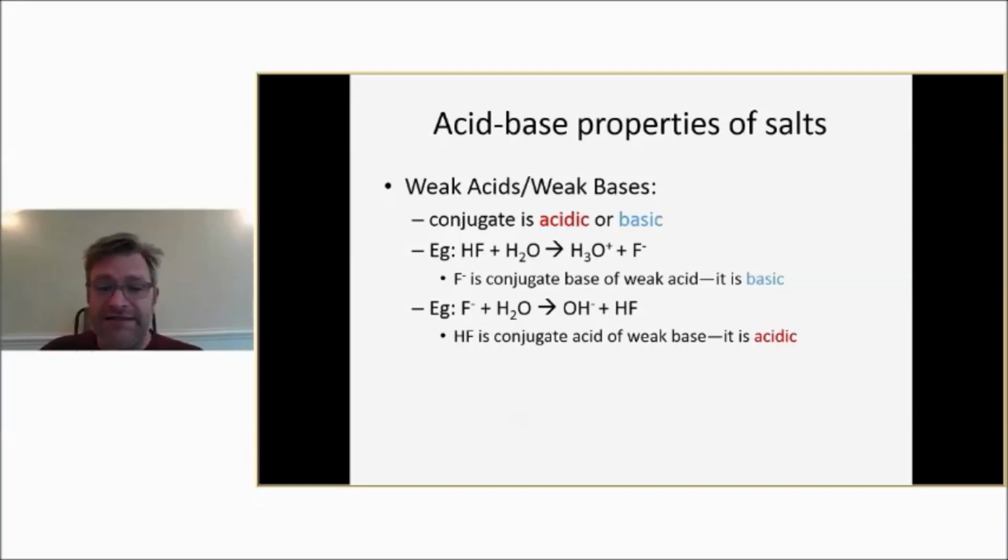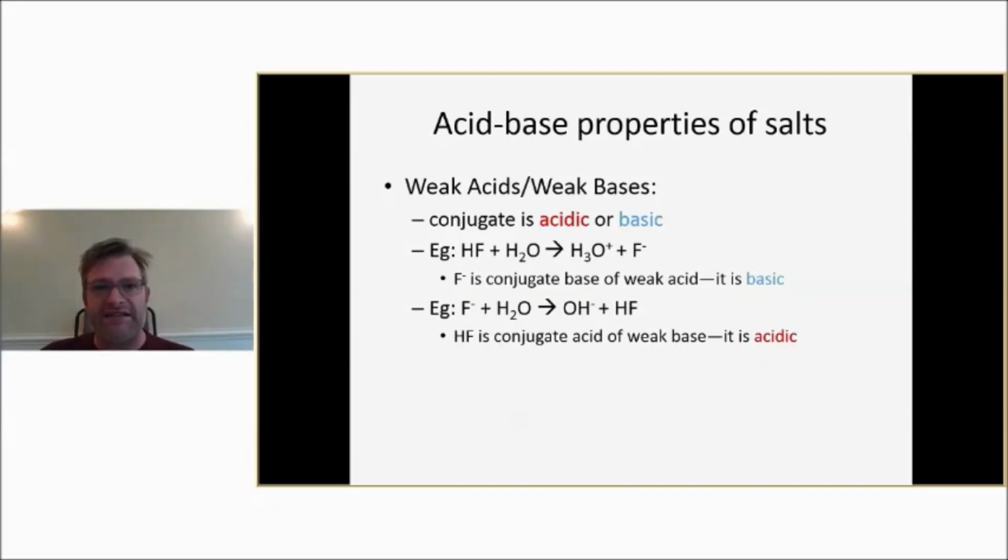Also, because F minus is a weak base, its conjugate acid will be acidic, okay? In our case, we have found out that HF is much more acidic than F minus is basic, but nevertheless, if you dissolve F minus in solution, you get a basic solution. If you dissolve HF in solution, you get an acidic solution.